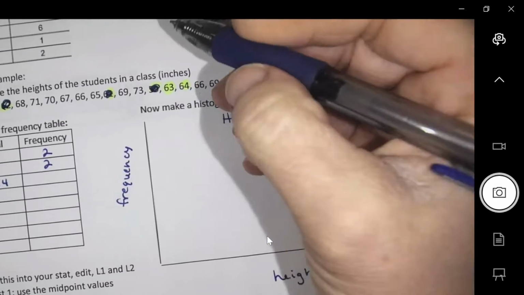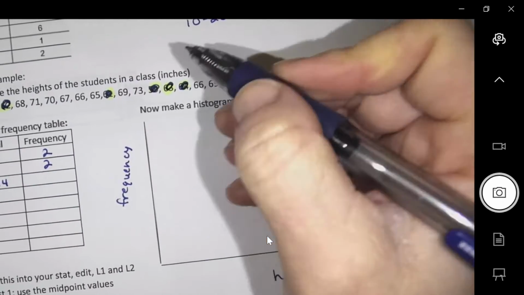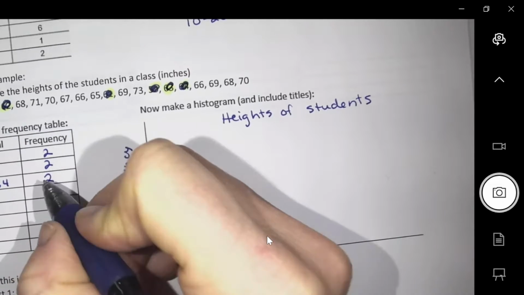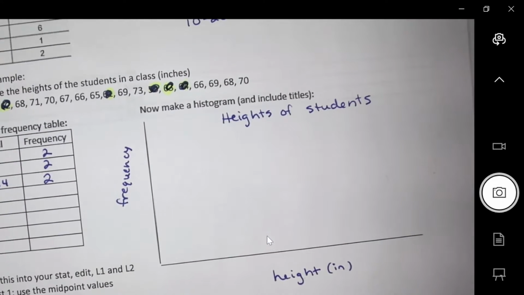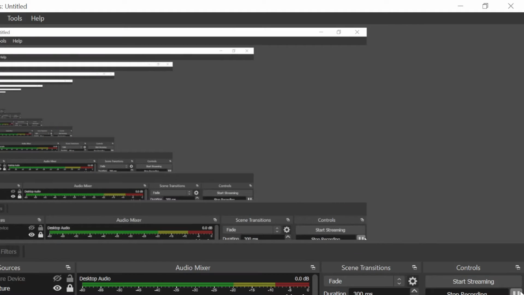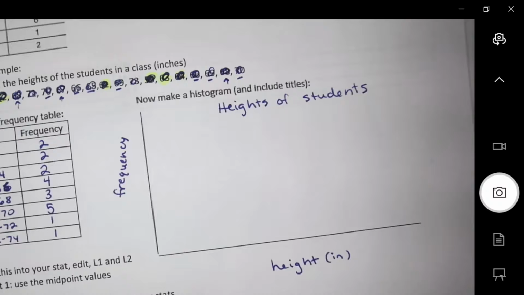Wow, is there 2 again? Yes, 2? Anybody find any different? Okay, can I get you to finish this off? Okay, so let's see if our numbers match. I had the 2, 2, 2, 4, 3, 5, 1, 1.